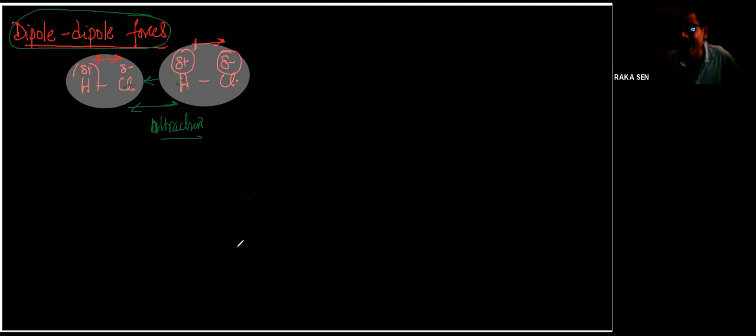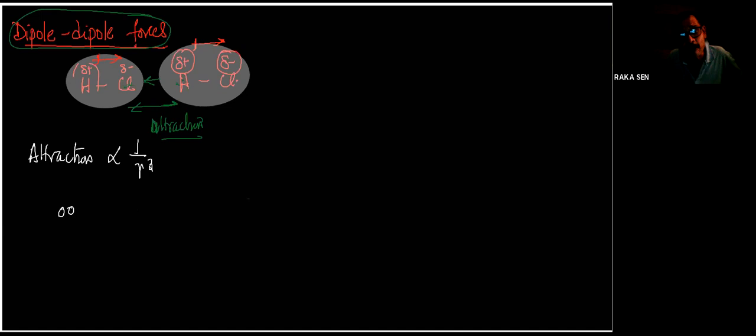It is not as short range as London forces. Here, attraction is proportional to 1 by r cube. That means it acts over a little more distance. For London forces, I need the molecules to be very close to one another, only then will London forces act on each other.